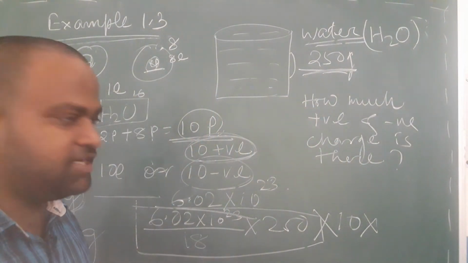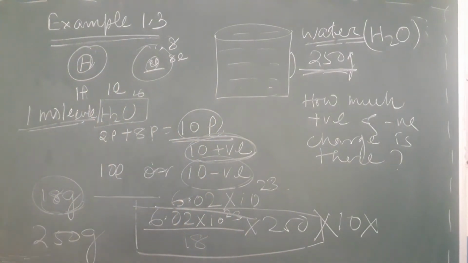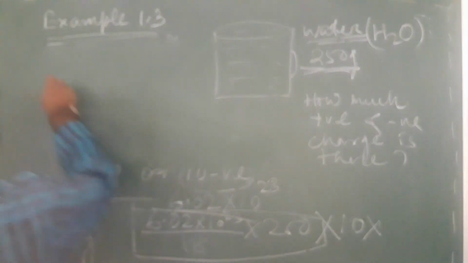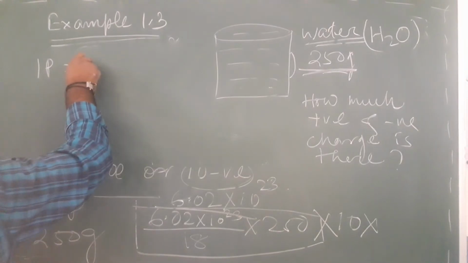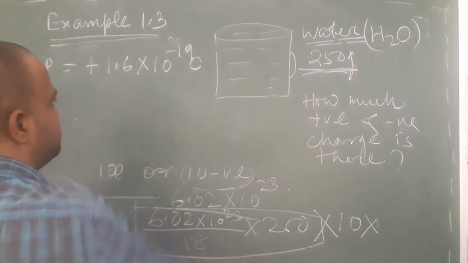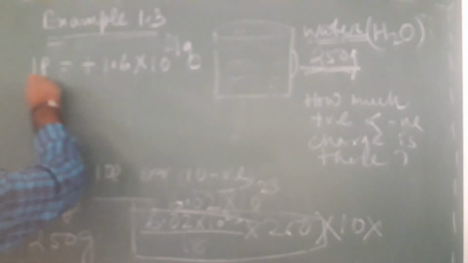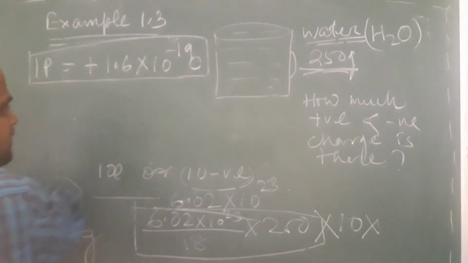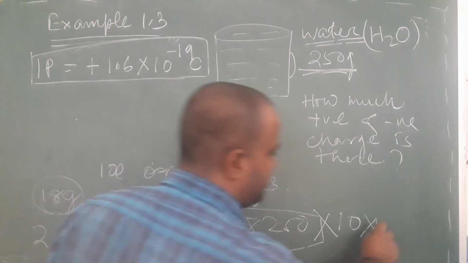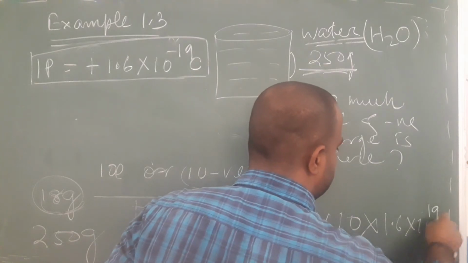One proton carries a charge of plus 1.6 into 10 to the power minus 19 coulomb, and an electron has the same charge with opposite sign. So one proton, or one positive charge, carries this much charge. So this number of positive charges carries how much charge? Multiply by 1.6 into 10 to the power minus 19 coulomb.